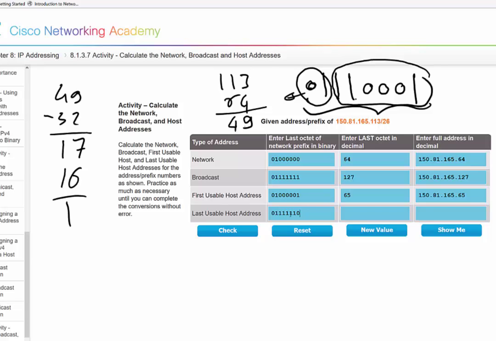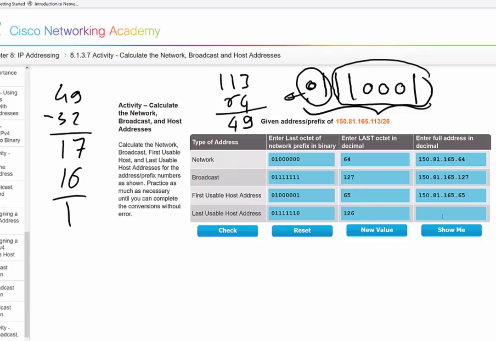The last host address will be 01 and then all ones except for the last bit. The host portion will be all ones except for the last bit. Remember that all ones is 127, so this will be 126. I don't have to convert all this bit representation again, because I know the last host will be the broadcast address minus 1.